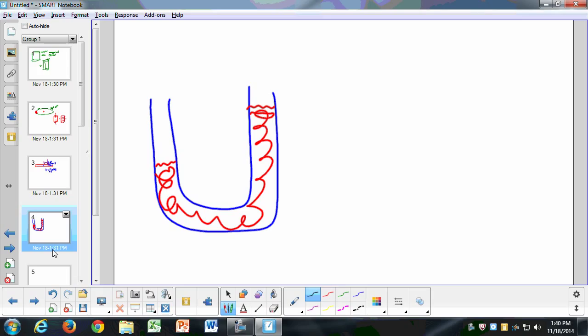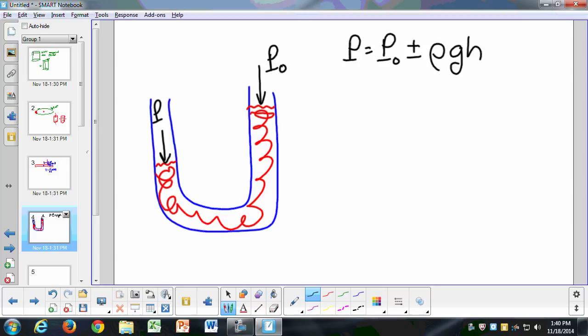I have a pressure that is acting over here, P, and a pressure over here, which I know, P naught. Now I know that P is equal to P naught plus or minus rho GH. The plus or minus comes about because P can either be bigger or smaller than P naught.